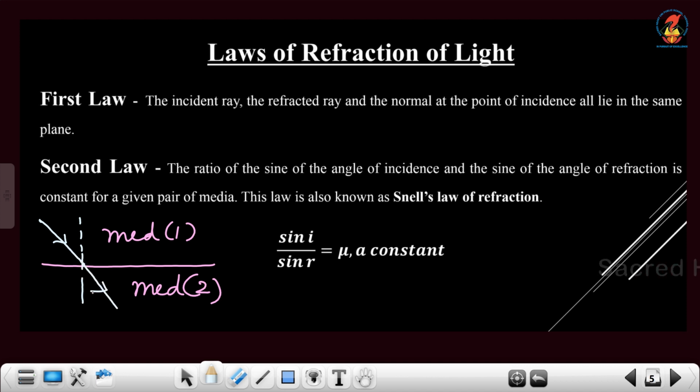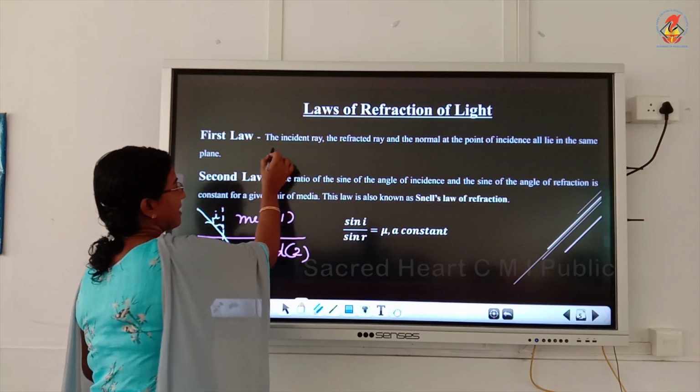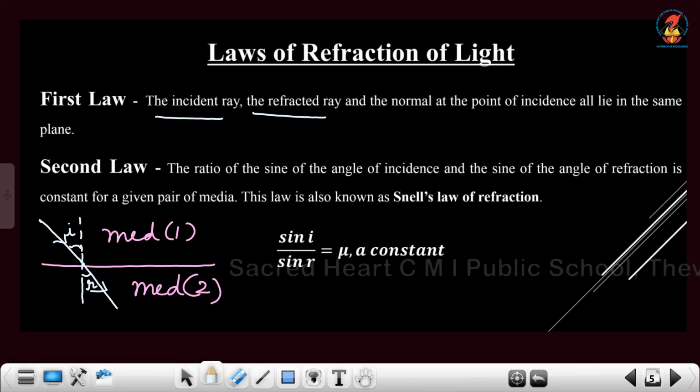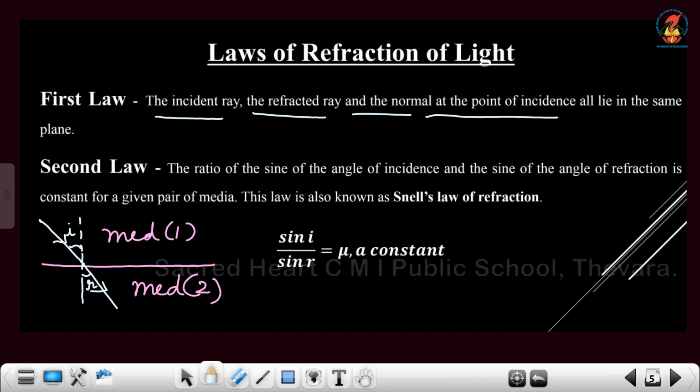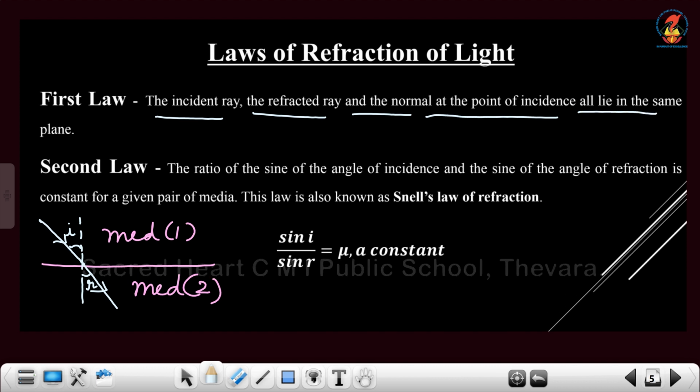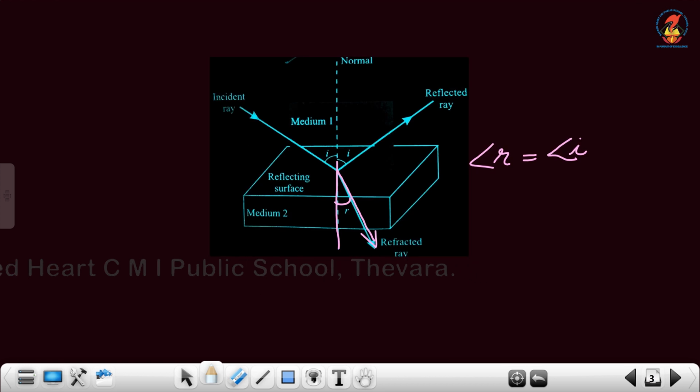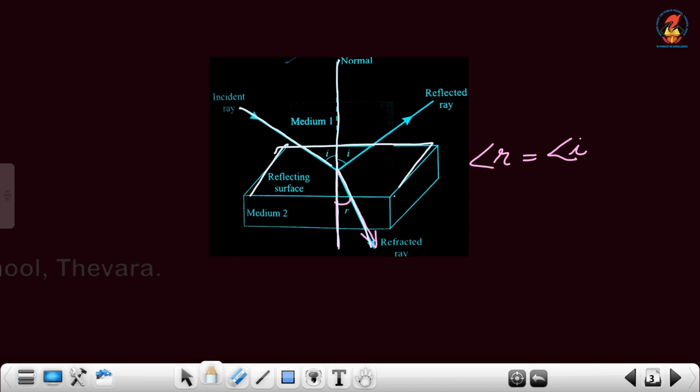This is the angle of incidence, this is the angle of refraction. Now, the first law states that the incident ray, the refracted ray and the normal at the point of incidence all lie in the same plane. This is the first law.